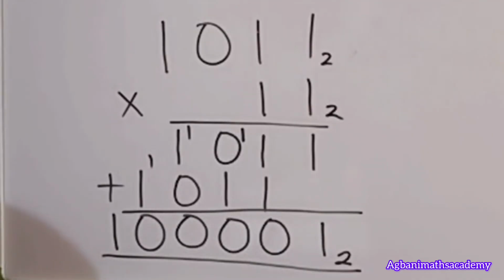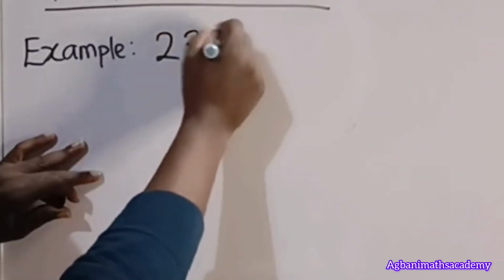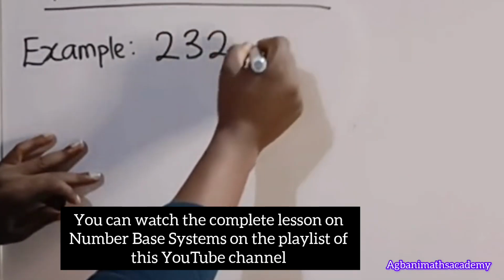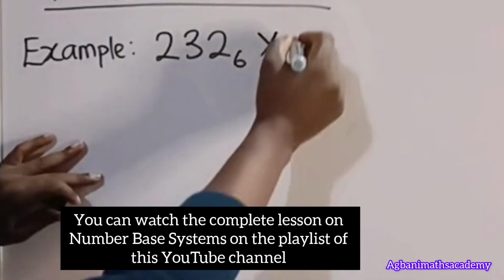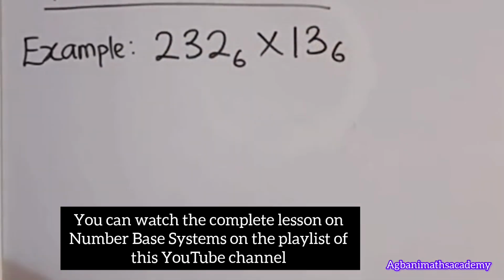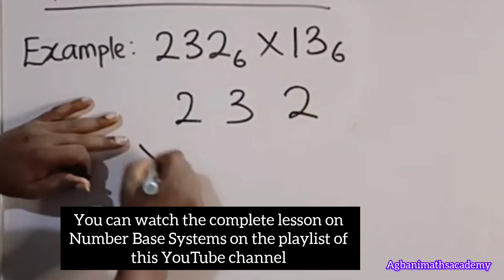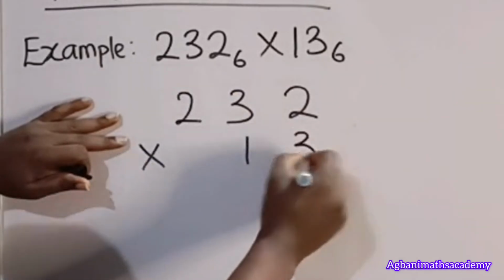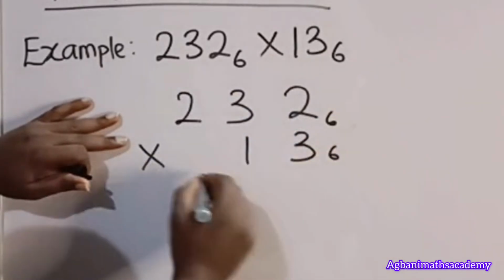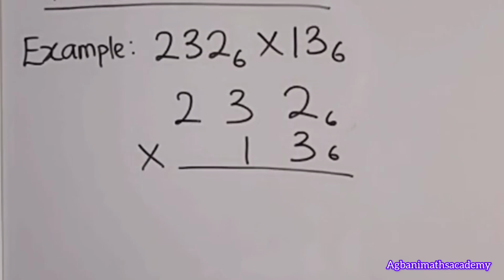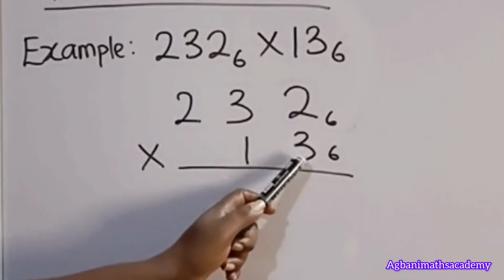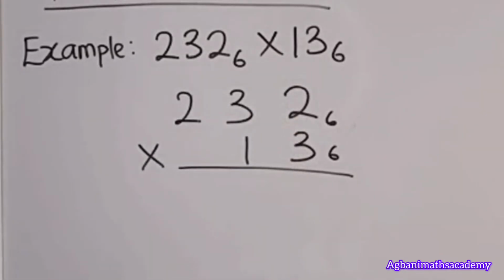Okay, let's look at the last example for multiplication, and then we go to division. 2 3 2 base 6 multiplied by 1 3 base 6. So both are in base 6. We multiply. 3 multiplied by 2 gives us 6.